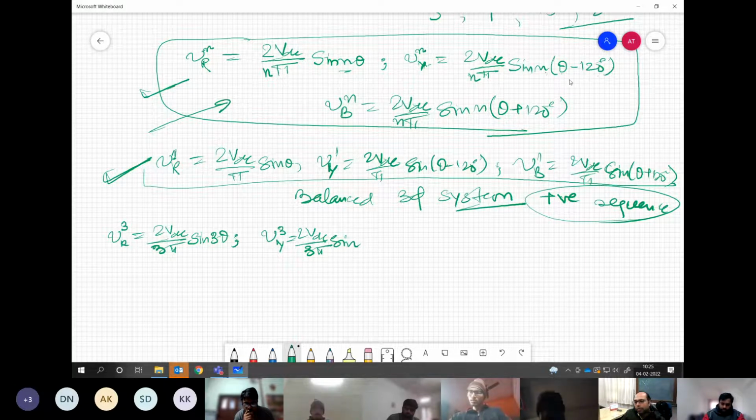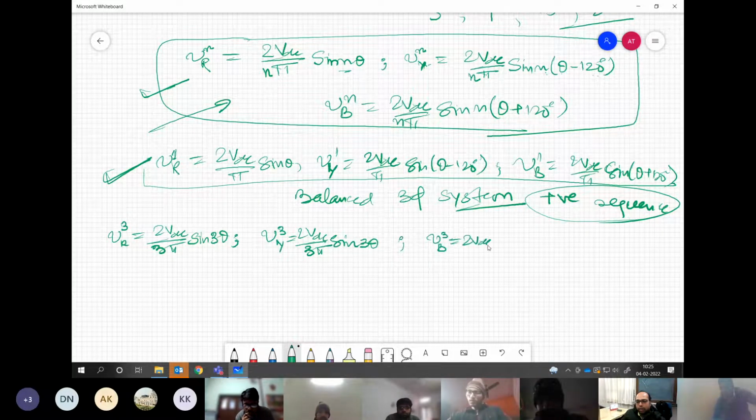So 3 times 120 is what? 360, so this becomes 3 theta again. And similarly, VB3 also comes as 2 VDC by 3 pi, again 3 times 120 is 360, so it again becomes 3 theta.